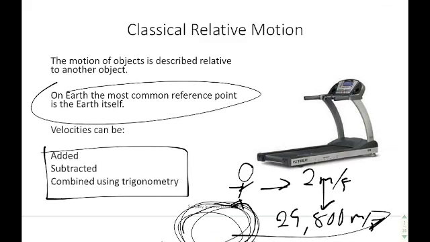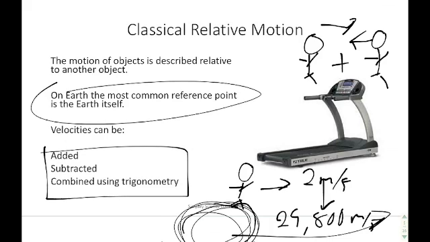So we said that if I have somebody that's walking towards me, to find the relative velocities, I would add. The reason is that if we bumped into each other, it would be a whole lot worse than if we were walking in the same direction, because my velocity relative to this person is going to be faster.